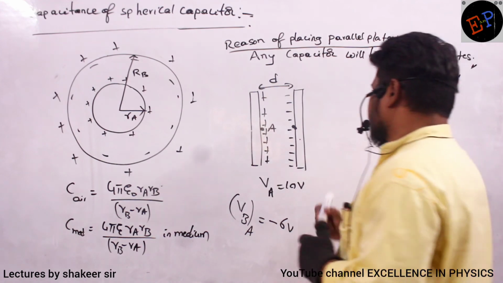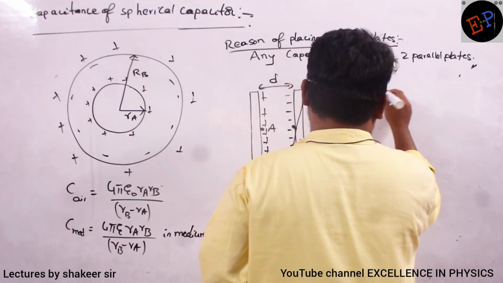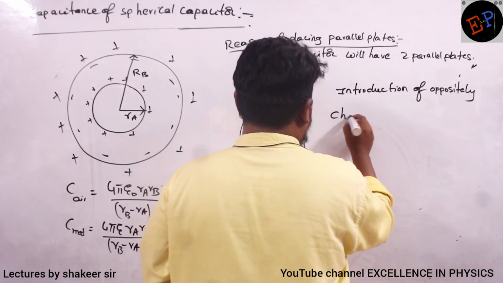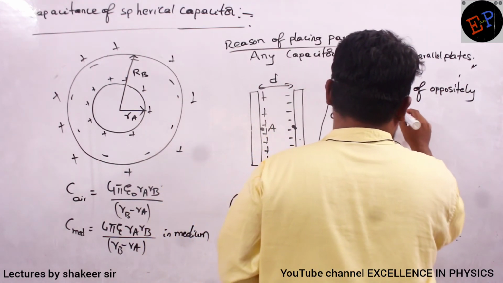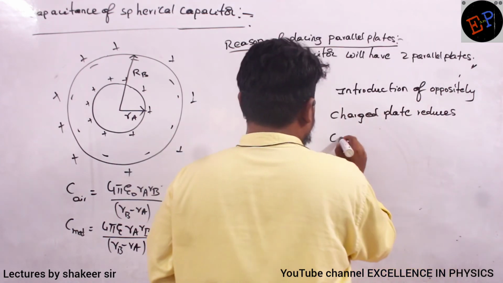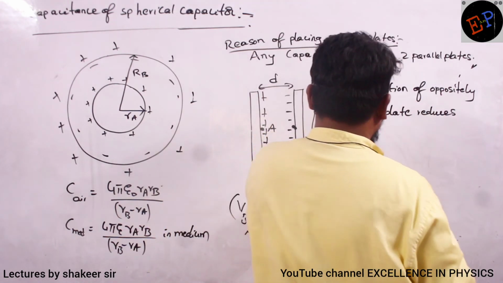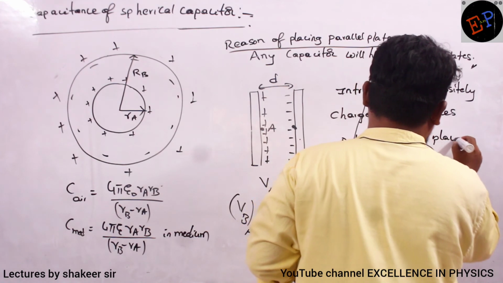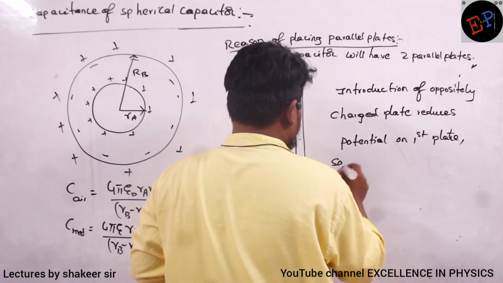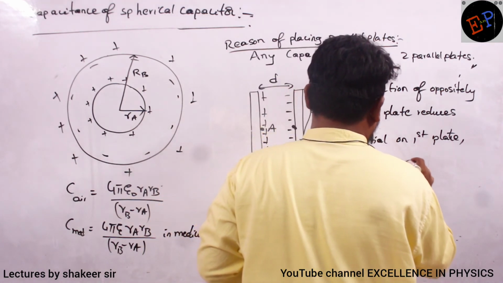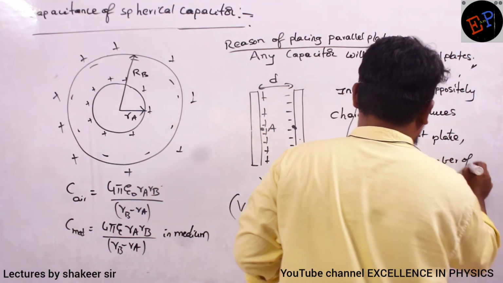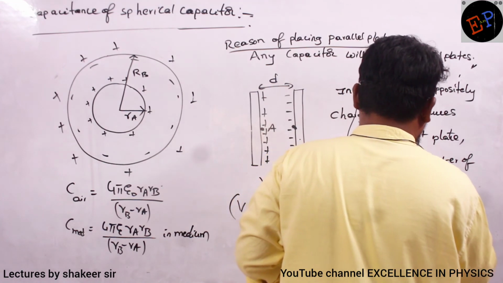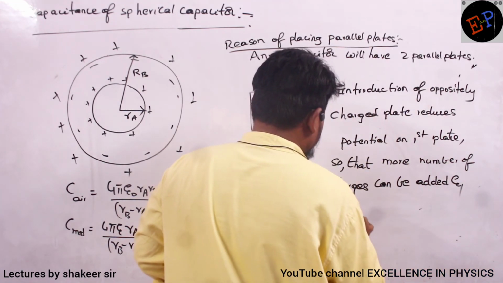Introduction of oppositely charged plate reduces potential on first plate so that more number of charges can be added and capacitance increases.